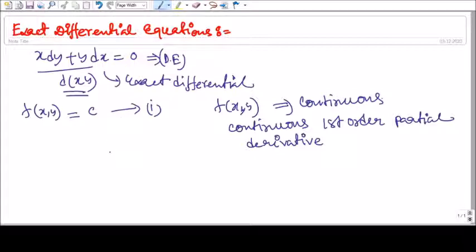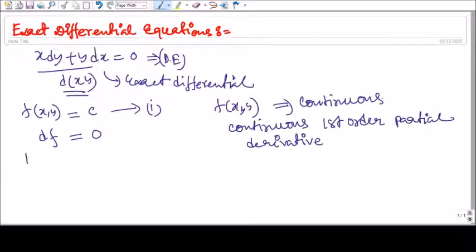So the function is a constant. The total differential of this function, df, is equal to 0.